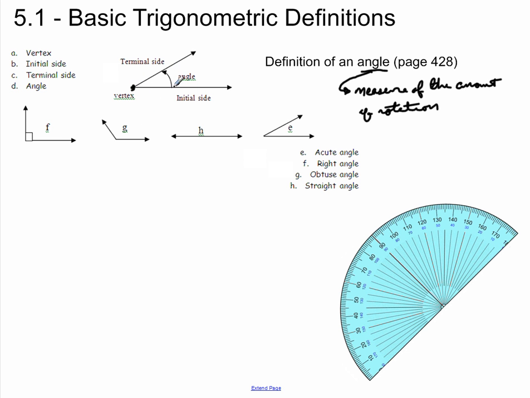So the angle is the amount of rotation that we have between these two. And it needs to be clearly understood what that means for us, because everything else that we do in trigonometry rests on these definitions.